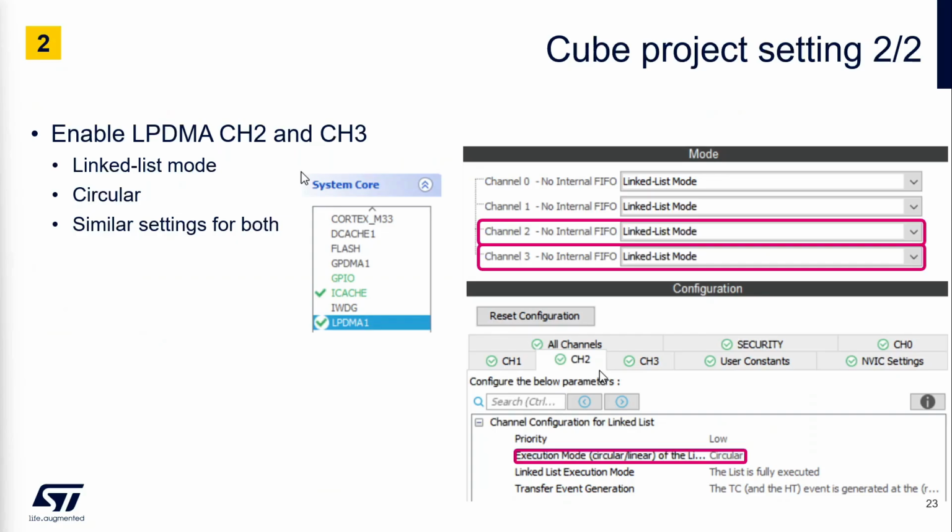Now we will enable the next 2 channels of low power DMA. They will also be in circular mode as the previous 2.